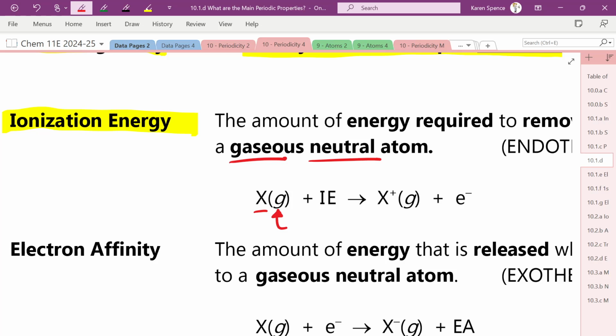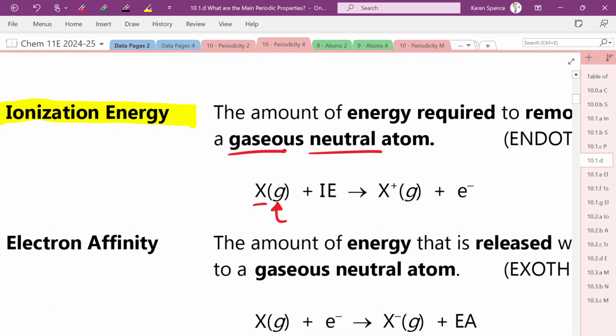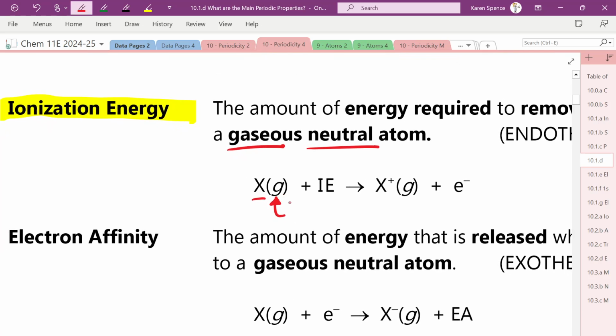So in order to have things to compare, they would have to create these gaseous atoms somehow. They would have to heat, say, metal really hot so it gave off some gas and then throw some ionization energy at it. And those physicists, man, they have lots of mad skills. I don't know how they do it all, but anyway, gaseous neutral atom.